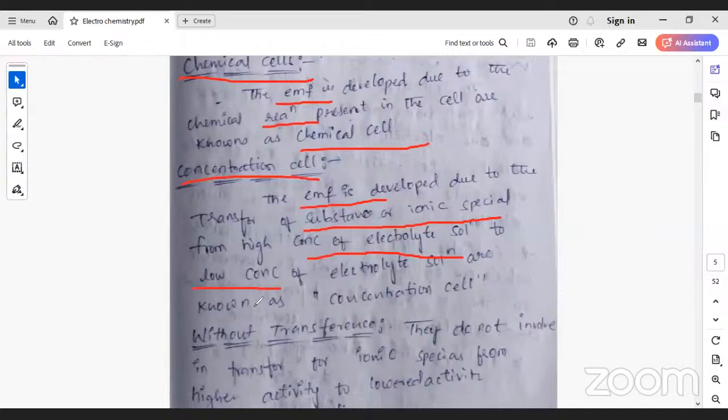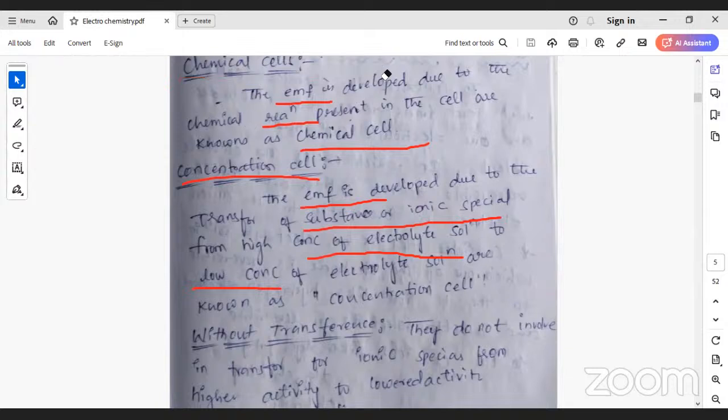Simply, if the potential is developed due to chemical reactions, that is considered a chemical cell. If the potential is developed due to the transfer of ionic species from the concentrated solution to the less concentrated solution, that cell is known as a concentration cell.